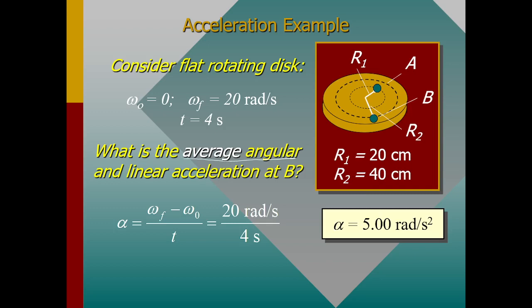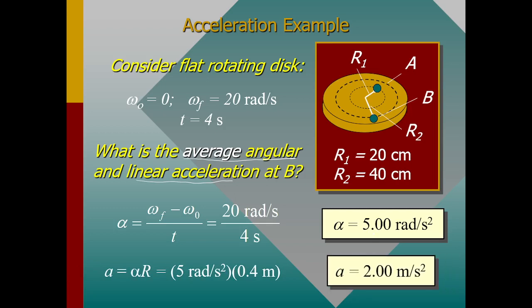Then for the linear acceleration, you multiply this by 0.2 for point A and by 0.4 for point B. So at point B, you say 5 times 0.4, and it gives you 2.